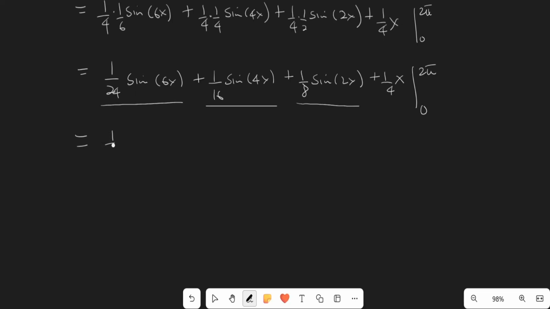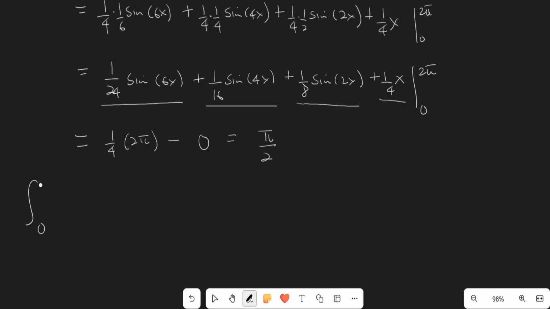The upper limit is only going to be left with 1/4 times 2 pi, minus, when you plug in 0, sine of 0 is 0 for everything, including this. So that is going to be 0 as well. That really reduces to pi over 2. So that is the answer to our integral.